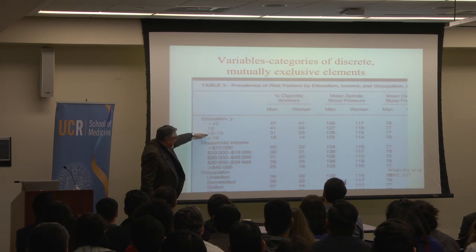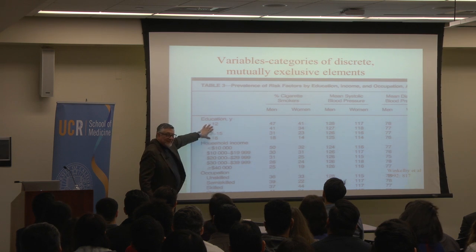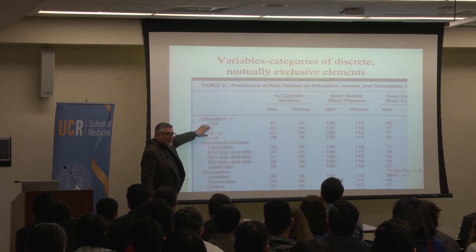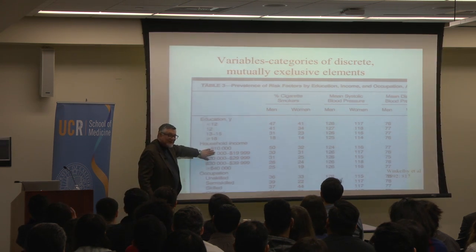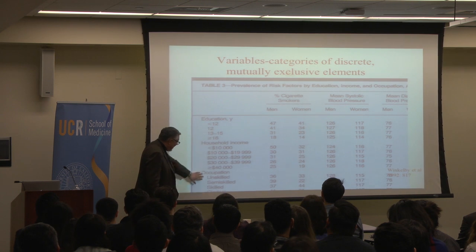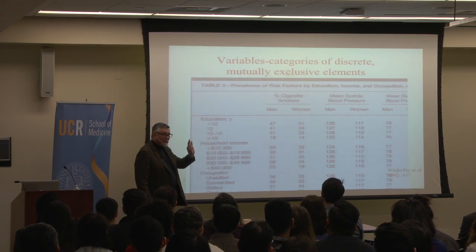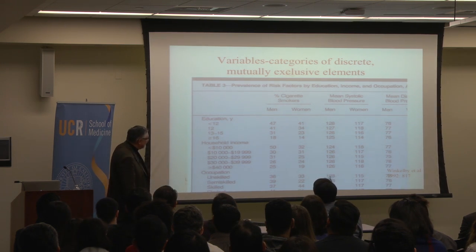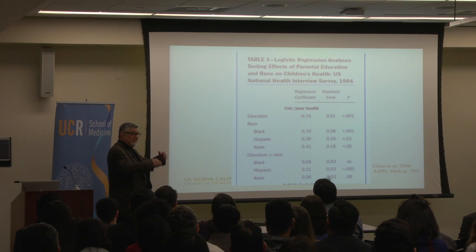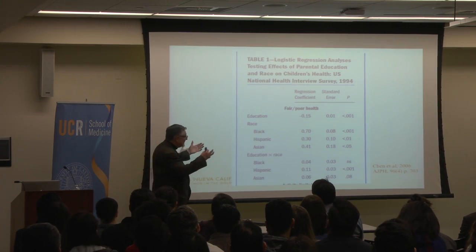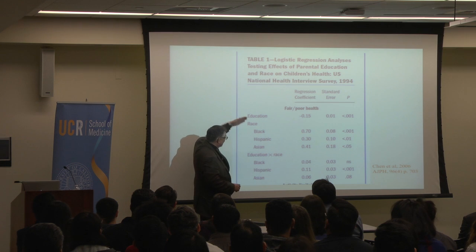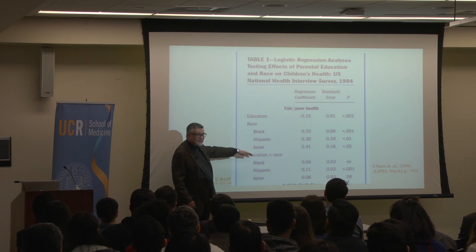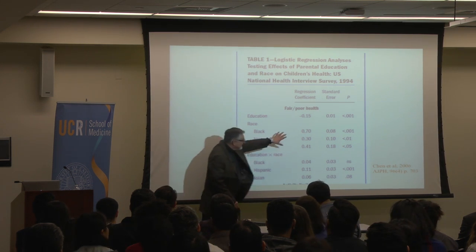However you go, you have education, various ways of doing it, but it's different from income. You would never put in dollars for years of education. Dollars down here in income, years of education is here. Occupation. So we have these very discrete, separate variables. And of course, we run our regressions to see what happens. So then, just as easily, we say, oh, let's regress against white, because we know who white is, black, Hispanic, and Asian. Just as if they were years of education. And you get results.